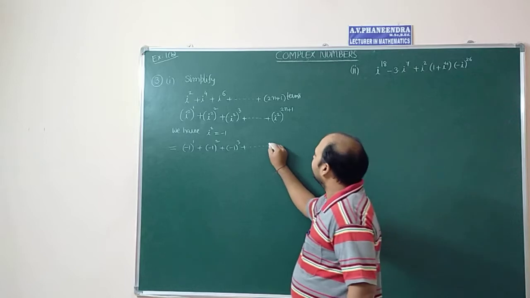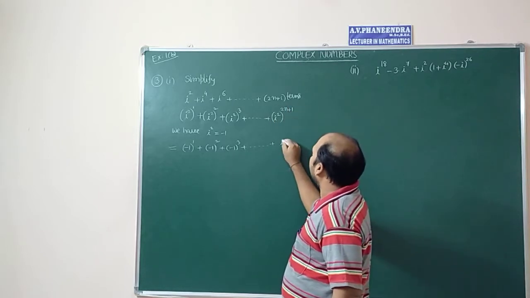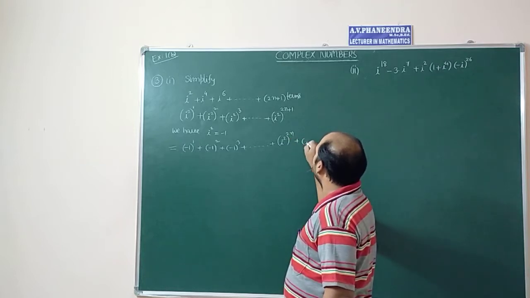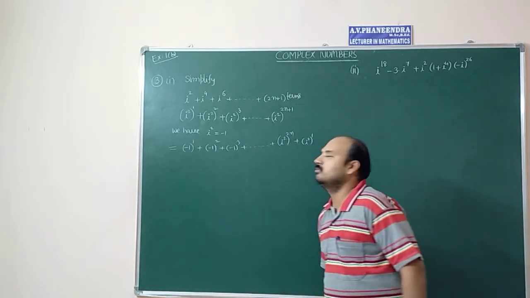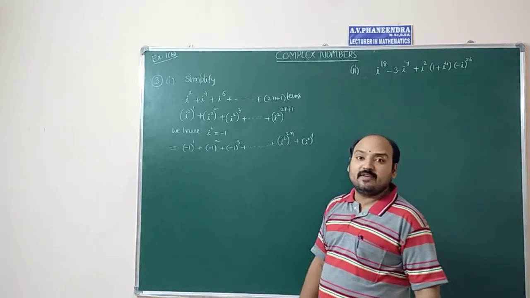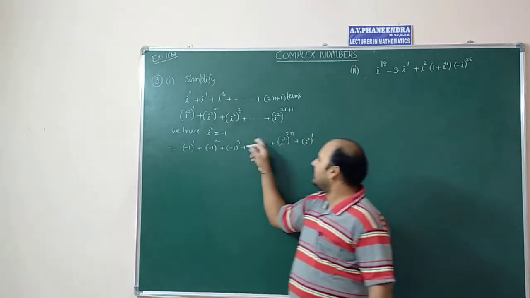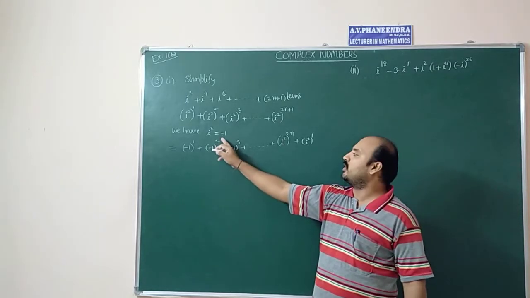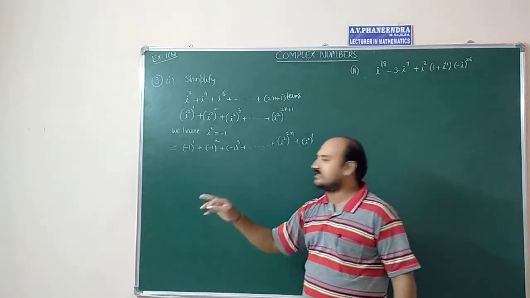Here 2n means even number of terms. So for every even term the value is i square value minus 1 whole power 2, and even powers will become plus.